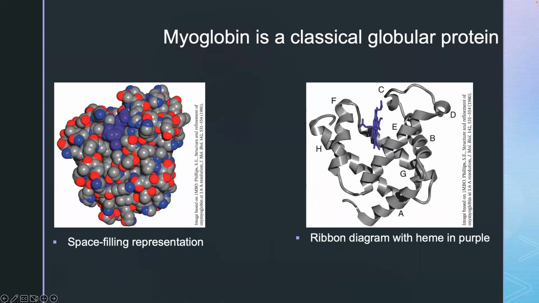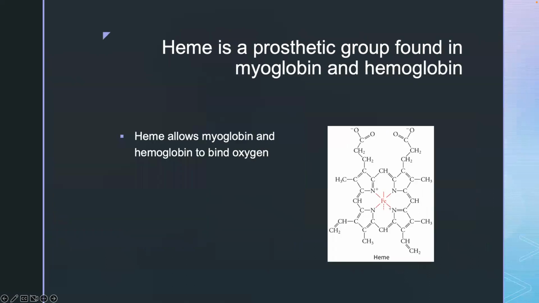Myoglobin is only made up of one peptide, so it's considered a monomer, but hemoglobin actually has multiple, it's a tetramer, and so it has 4 polypeptide strands. And they do have a different capacity to carry oxygen, which is really interesting. And so I just mentioned heme, but heme is a prosthetic group found in myoglobin and hemoglobin.